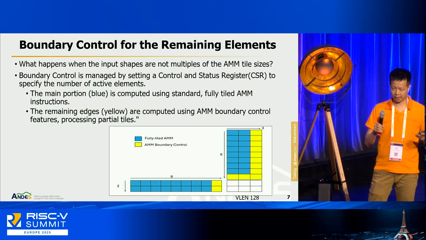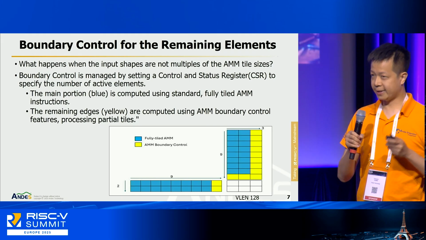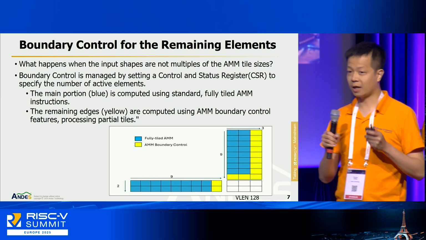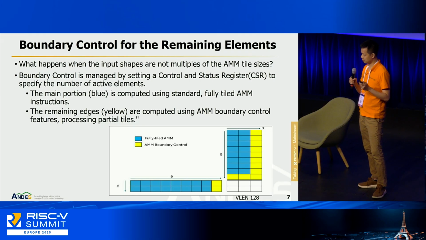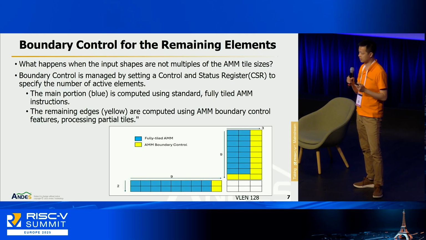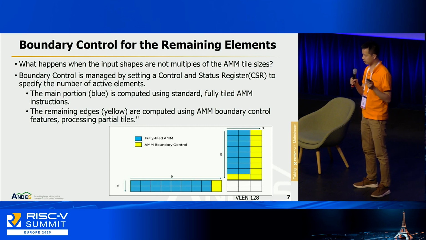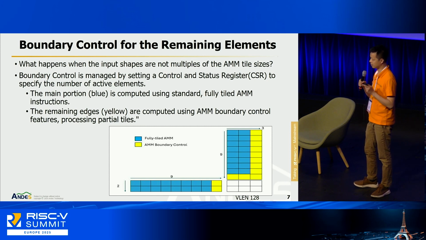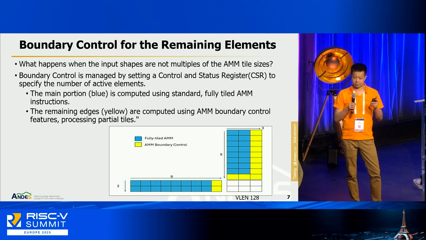So boundary control. When the input shapes are not exact multiples of the AMM tile size, we set a special control and status register to tell the hardware how many elements are active. So consider this example here. The dimensions K and N are not multiples of 2.